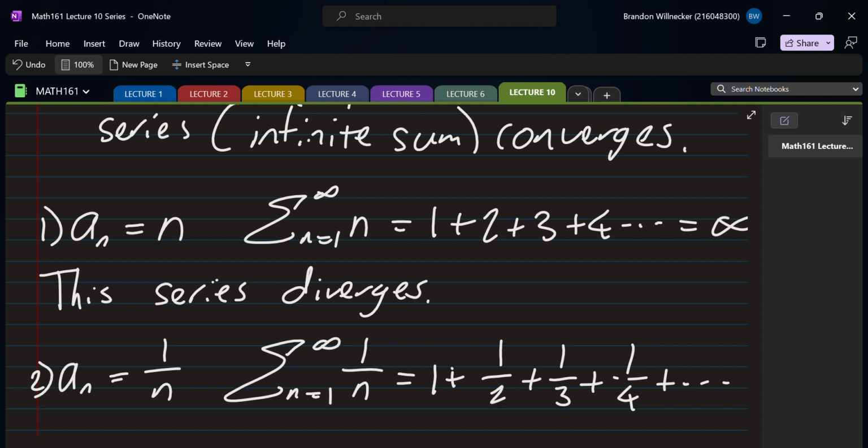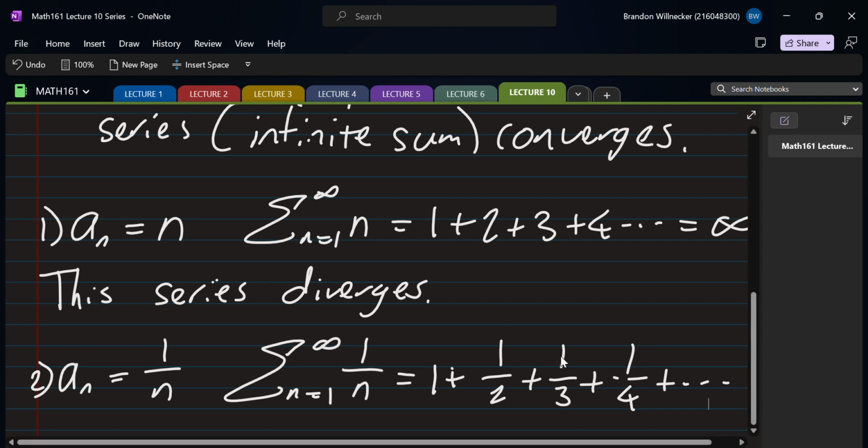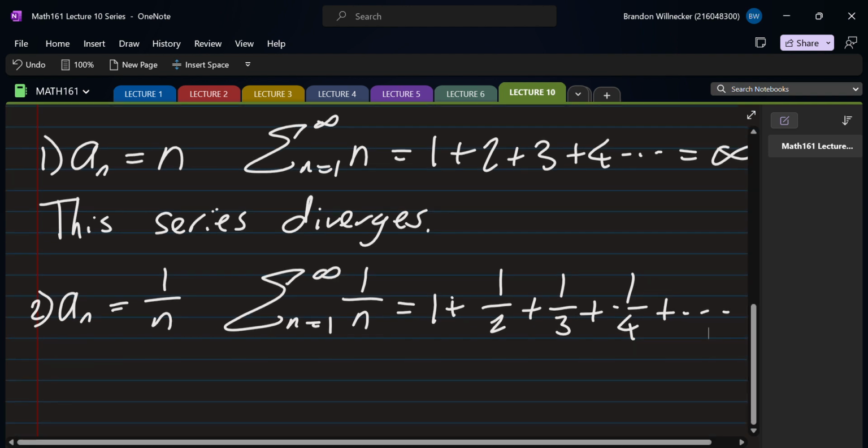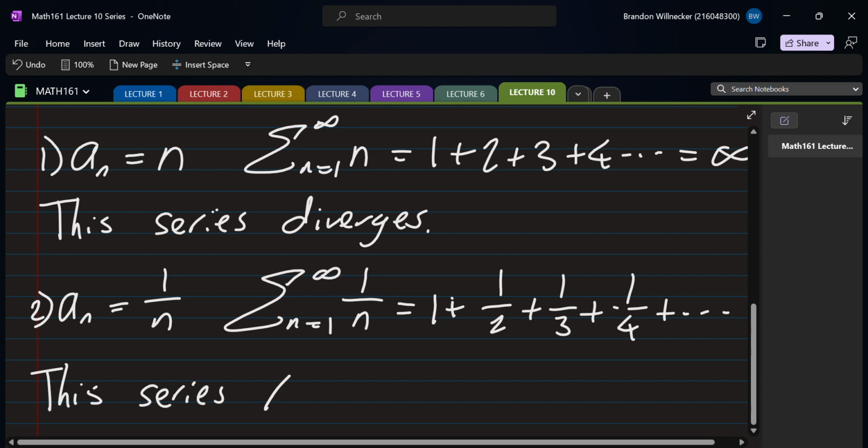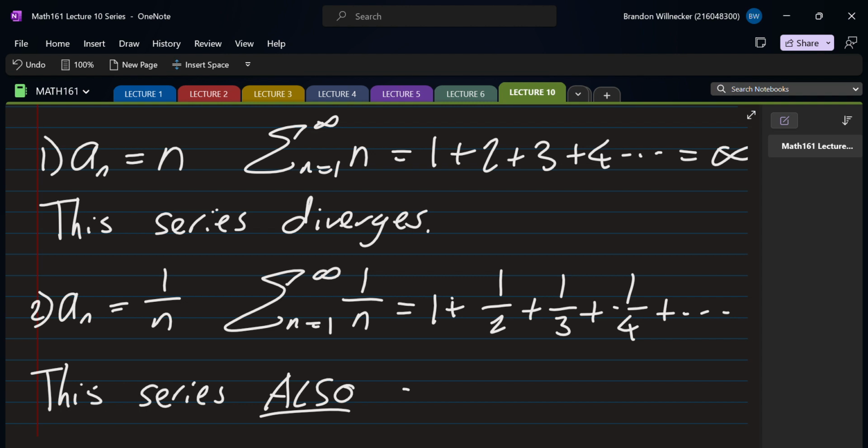Each next term is smaller than the previous one. We start off with 1, and then we add something smaller than 1, then a third, then a quarter, then a fifth, each smaller. As we go on, we're adding smaller and smaller terms each time, but in fact, this also diverges.